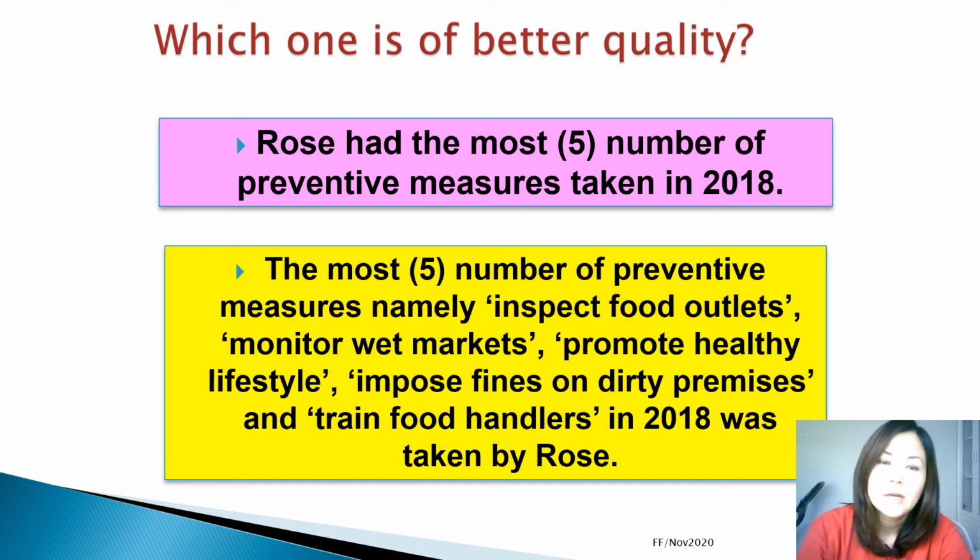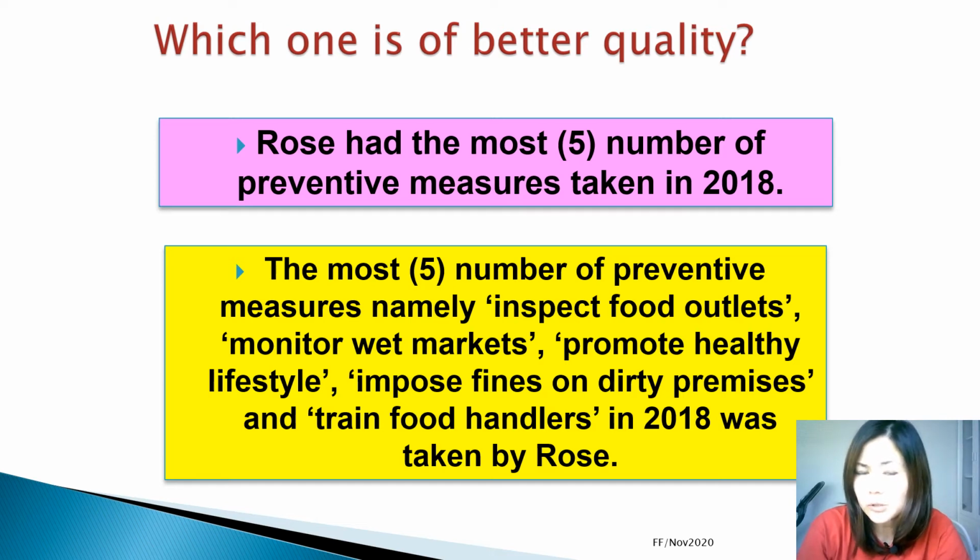Okay, candidates, which one of these is of a better quality answer? Both of these are analysis answers. And both of these are actually analyzing the same key feature, which is roast, on the number of preventative measures taken.